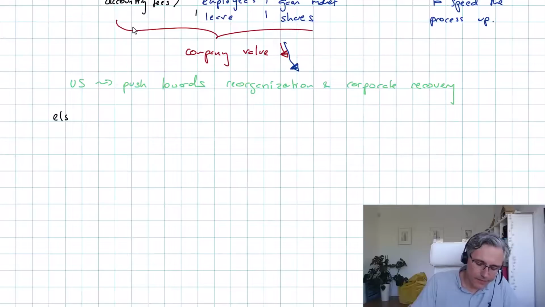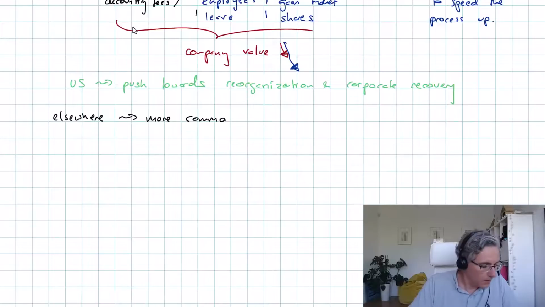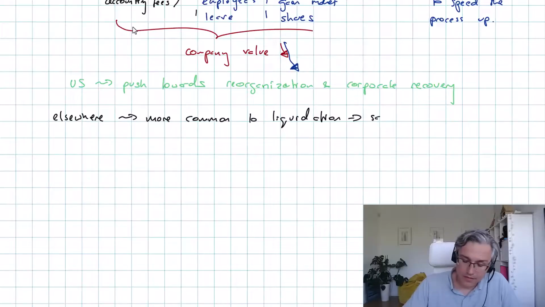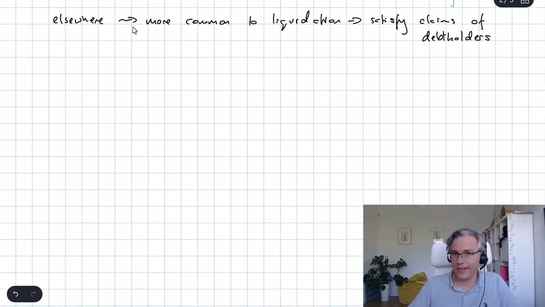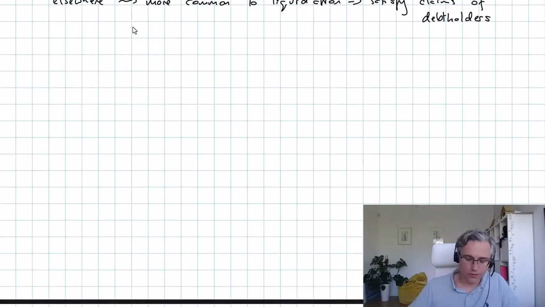Whereas elsewhere, you will often see, more commonly, a liquidation being ordered. So we wind the company down and we sell the assets to satisfy the claims of the debt holders without asking them to give the company another go. So, you must be aware of the process and the practice in a specific jurisdiction.